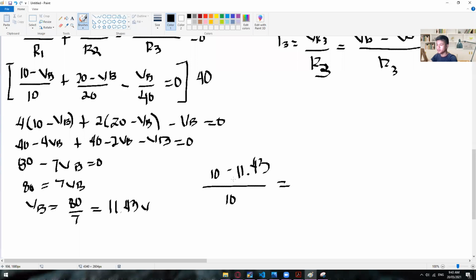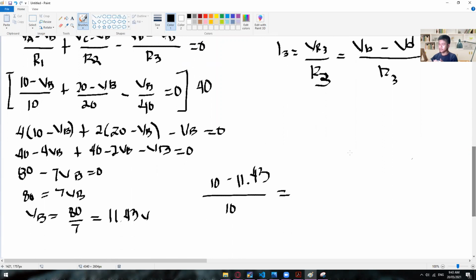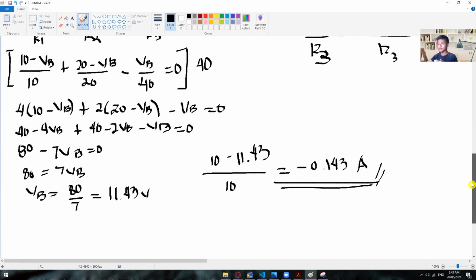Whatever is the result of this one is our I1. 10 minus 11.43 divided by 10 will give us negative 0.143 amps. So this is our I1.